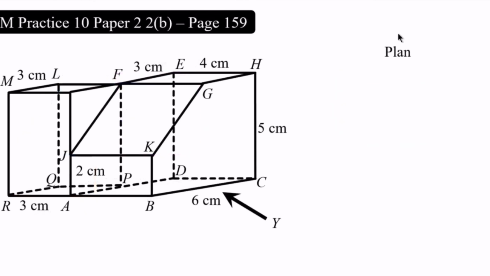Now I'm going to draw the plan. For the plan, you have to highlight the borderline on top using a highlighter. First of all, it's a square, which is 3 centimeter by 3 centimeter.